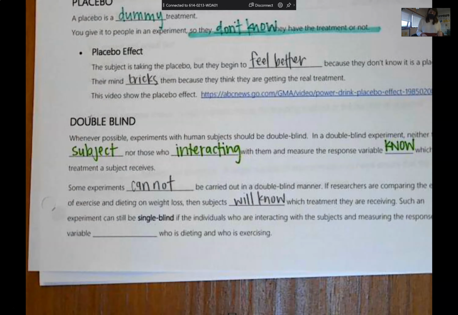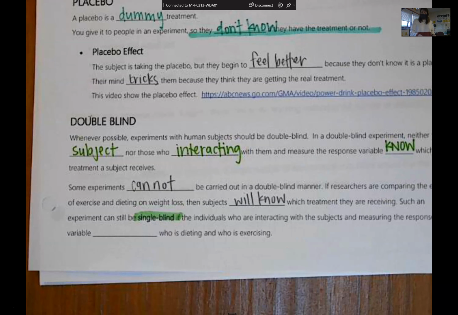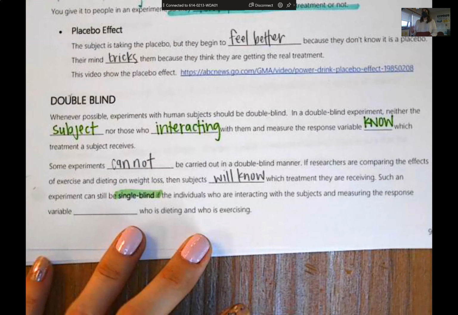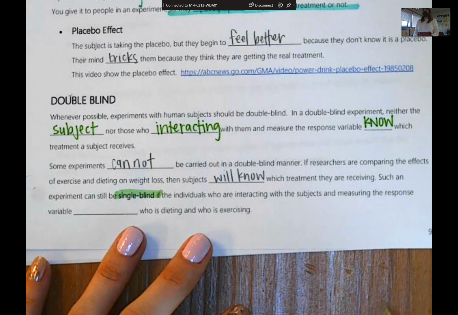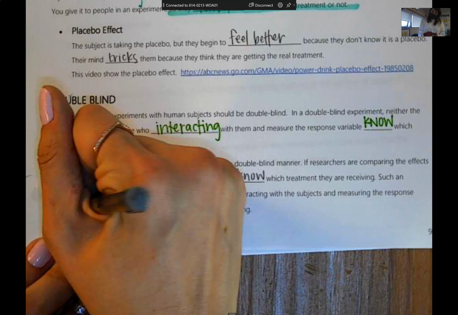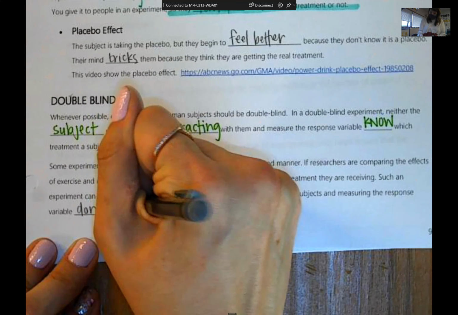Such an experiment can still be single-blind. It can be single-blind if the individuals who are interacting with the subjects, so weighing the subjects essentially, don't know who is dieting and who is exercising.